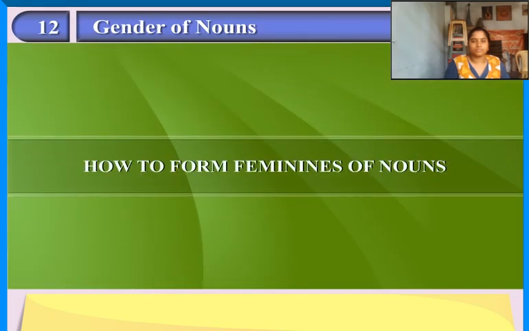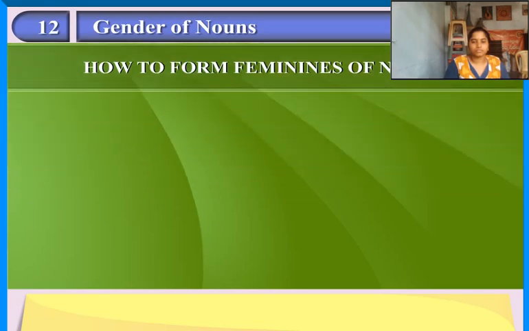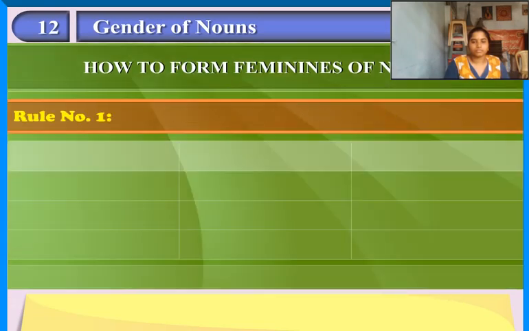How to form feminines of masculine nouns. I am afraid, children, like the rules of changing numbers, you will have to learn rules of changing genders. Rule number 1.